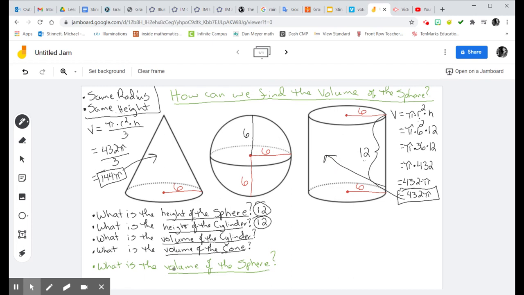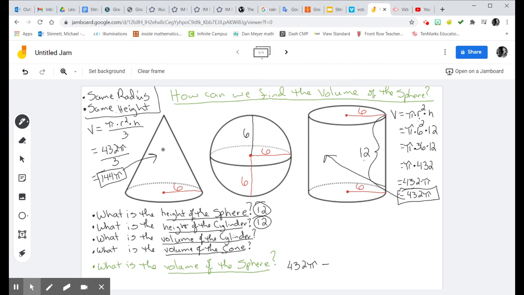And so then the last question says, what is the volume of our sphere? So what we figured out, to find the volume of the sphere, all we need to do is take the volume of the cone, or volume of the cylinder over here. So we take 432 pi and subtract away the volume of the cone. Remember, we poured that one cone in.